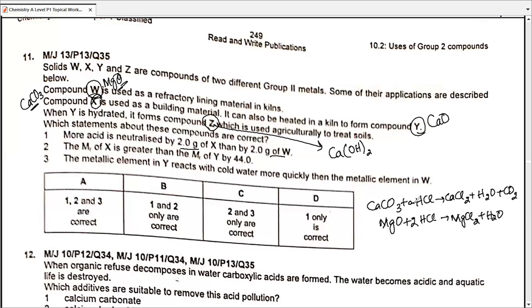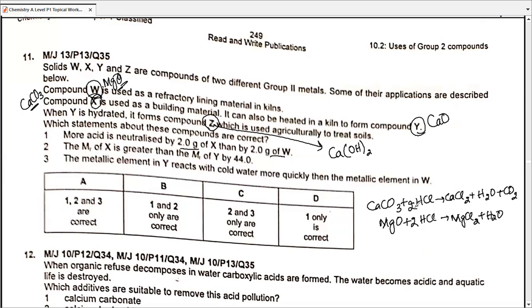Now 2 and 2. So what makes you think 2 grams of X would neutralize more acid than 2 grams of W? If I write the equations for you, what makes you think you're right? You are right, but I want you to go ahead and reason it when you have the equations in front of you.